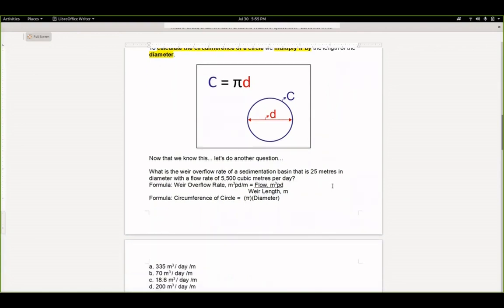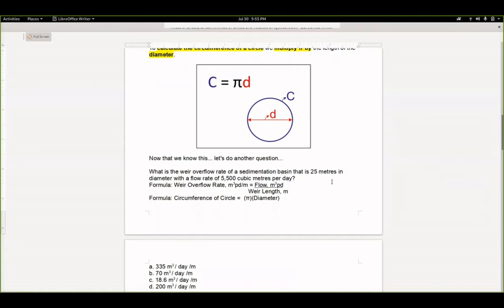What is the weir overflow rate of a sedimentation basin that is 25 meters in diameter with a flow rate of 5,500 cubic meters per day? So the formula for the weir overflow rate in meters cubed per day over meters is equal to the flow in meters cubed per day over the weir length in meters.